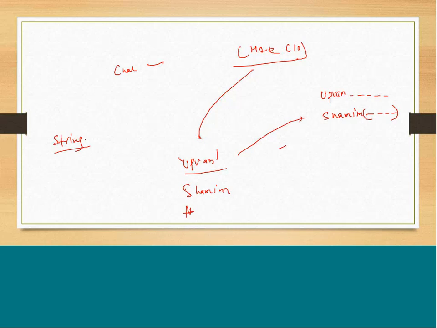Shamim, do you understand his question? No. He's talking about string. I don't even know what string means. String means one whole, like this, Upan and then the next 1, 2, 3, 4, 5. That's the whole string.